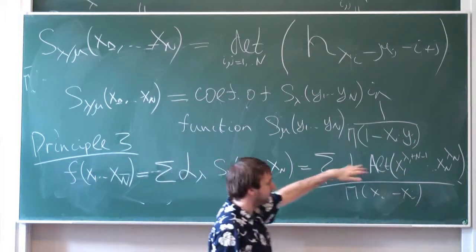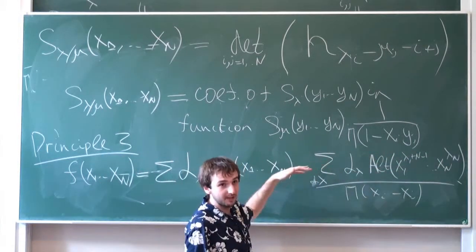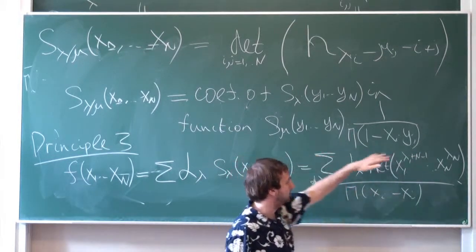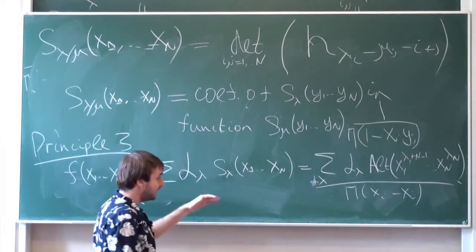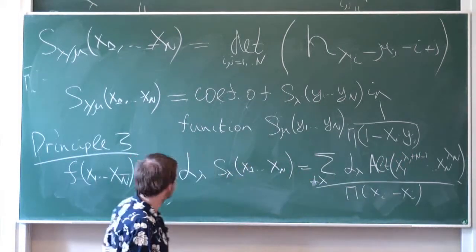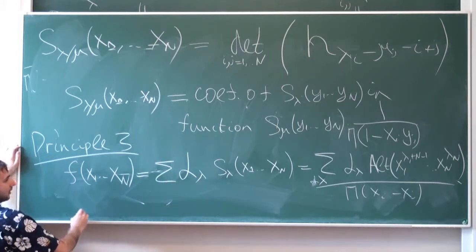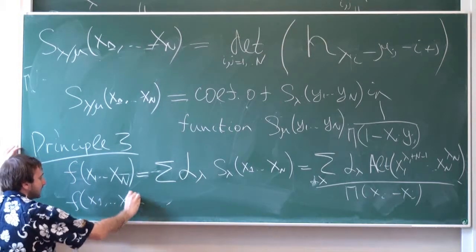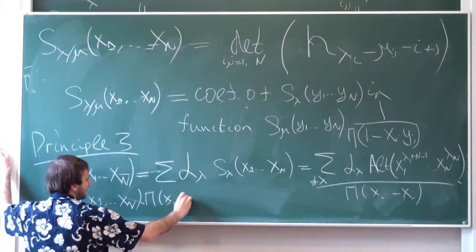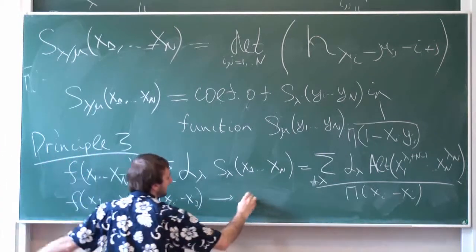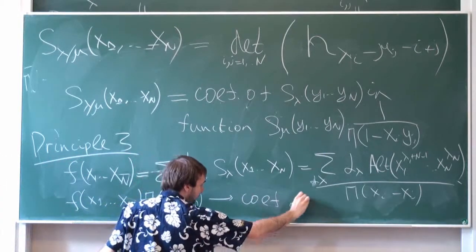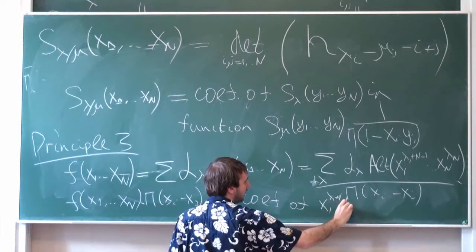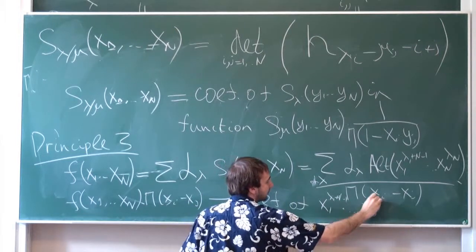Now note that all the monomials appearing in this sum are distinct. So if you write the alternant as a sum again, you will get only distinct monomials, which means that the coefficient a lambda is the same as the coefficient, in the function f of x1 through xn times the product of xi minus xj, of the monomial x1 to the lambda 1 plus n minus 1 through xn to the lambda n.